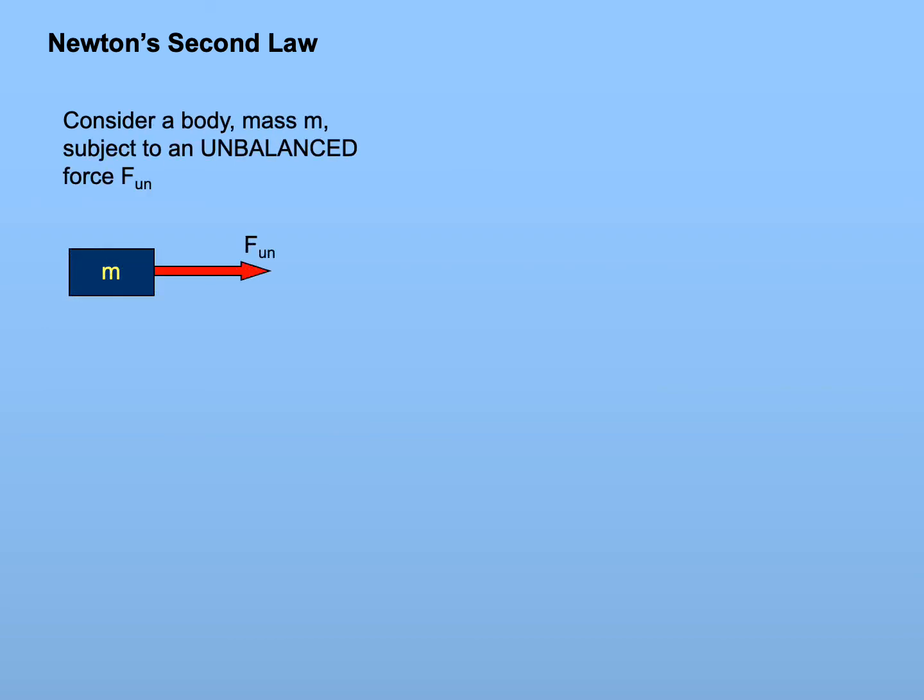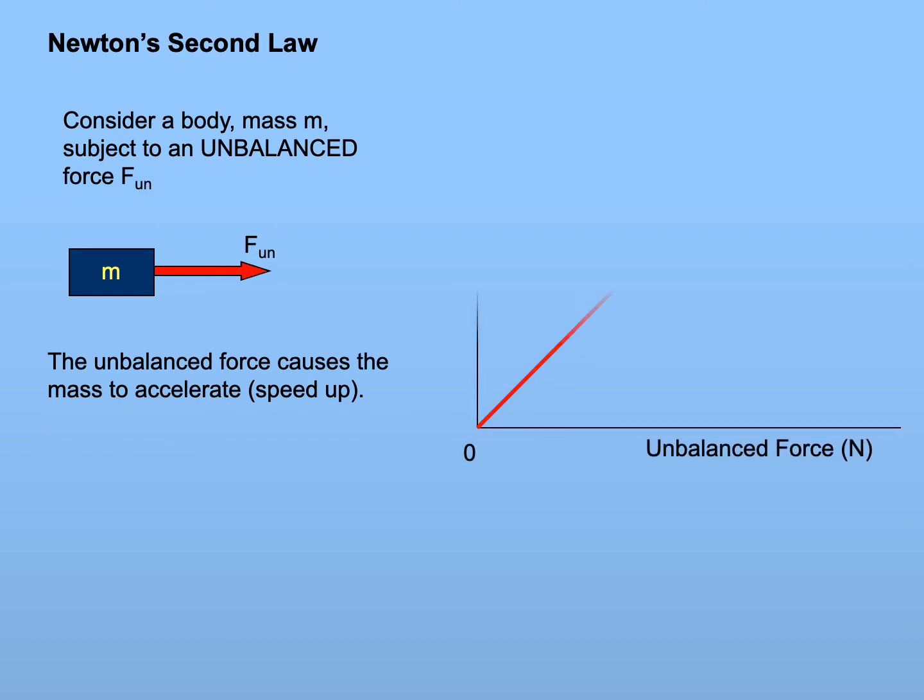Here's a summary of the results for an unbalanced force acting on a mass. Well, we can plot these results in a graph. So let's try that and see what we get. Well, firstly, we know that the unbalanced force is clearly causing an acceleration. And when a body accelerates, it's speeding up. Here's a graph of unbalanced force on the x-axis with acceleration on the y-axis.